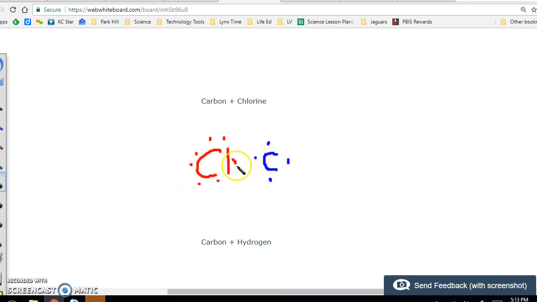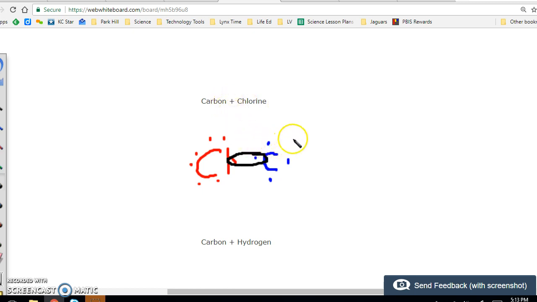So carbon's going to share 1 with chlorine, chlorine's going to share 1 with carbon. We show that like this, 1, 2, 3, 4, 5. So carbon only has 5, but this chlorine now has 1, 2, 3, 4, 5, 6, 7, 8. That chlorine is happy. These are the only 2 elements that it can use.